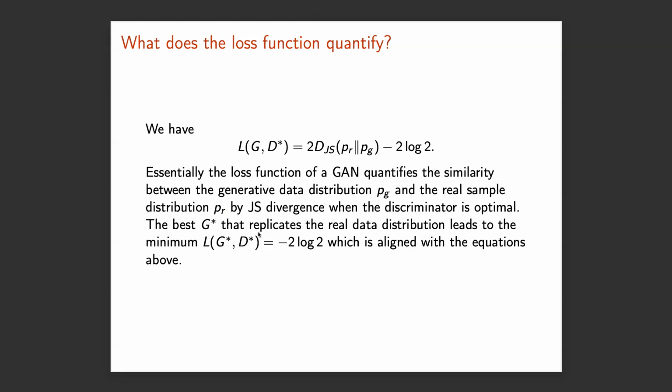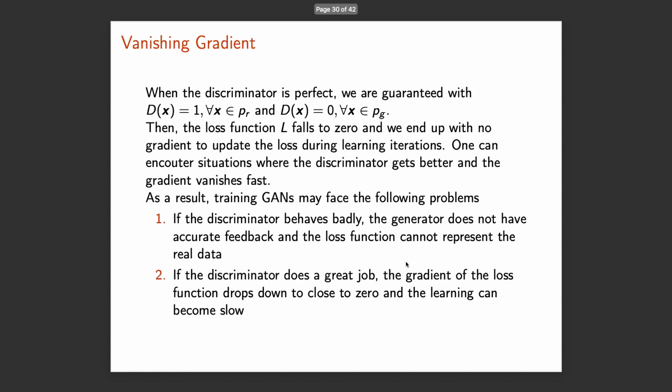The best G that replicates the real data leads to the minimum, minus 2 log 2, which is aligned with these equations above. Remember that you have a min-max problem here. So you want a minimum for the generator and a maximum for D. So these are some of the more mathematical considerations which you will encounter typically when you look at GANs.